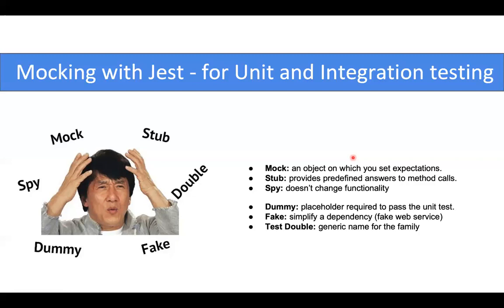They're pretty much the same. The only difference, in some people's view, is that the spy maybe is not included in the fake part, because the spy is not actually a fake, it's still the original implementation. But when they say test double, they refer to all the previous things, okay?